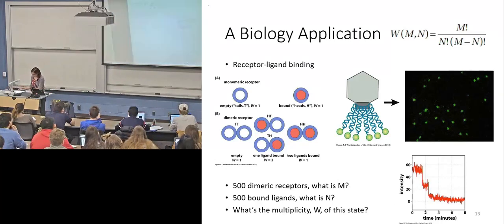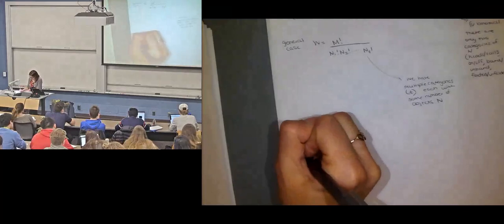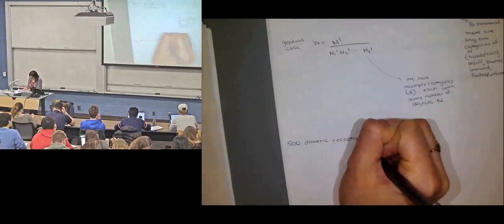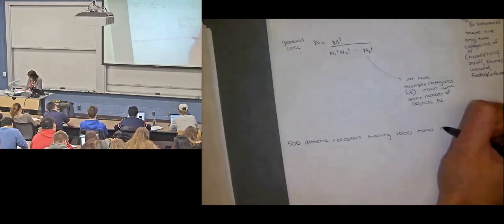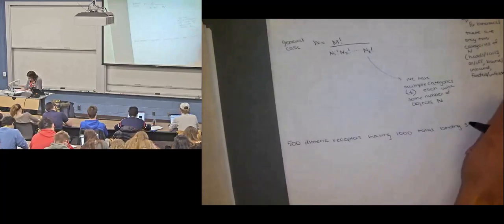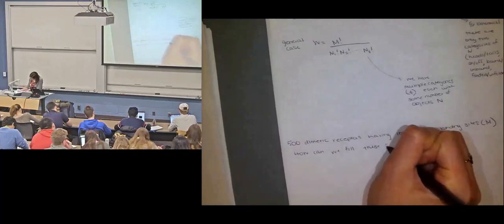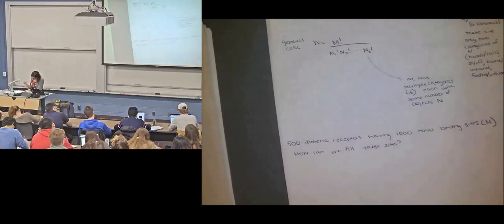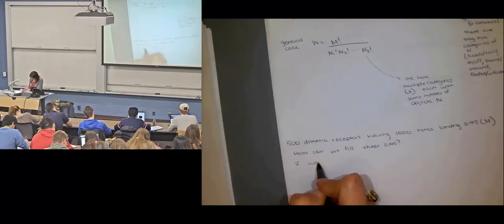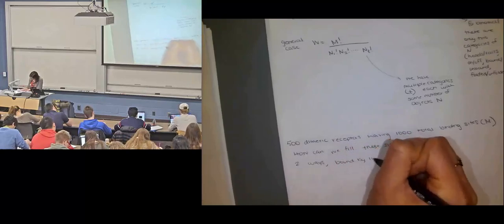So for our example case, we had 500 dimeric receptors having 1,000 total binding sites. This was capital M, total spots we can fill. And we're asking, how can we fill these sites? So there's sort of two ways, right? It's binomial case, we're either bound by ligand or we're not.